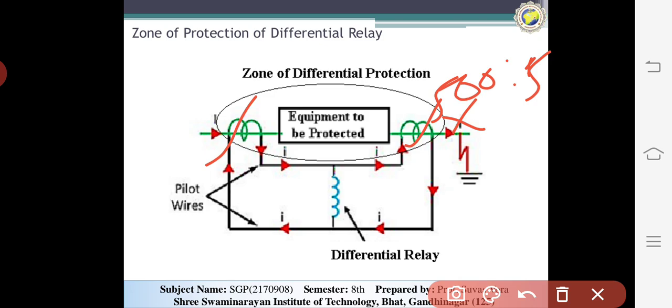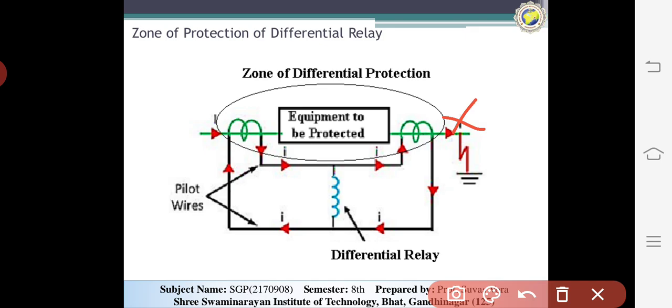Both CTs have the same ratio and are connected properly, so the secondary currents are the same in magnitude and phase, the differential current is zero, no current flows through the differential relay, and the relay will not operate.